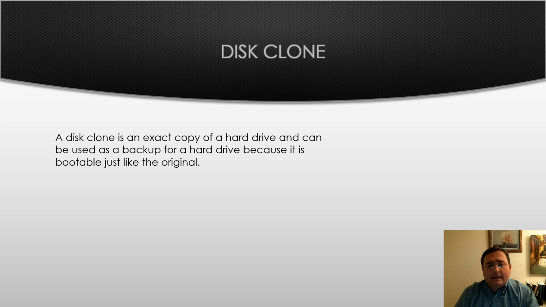A disk clone is an exact copy of a hard drive and can be used as a backup because it's bootable just like the original. So it's almost like cloning a sheep, and it has exactly the same properties, same features.